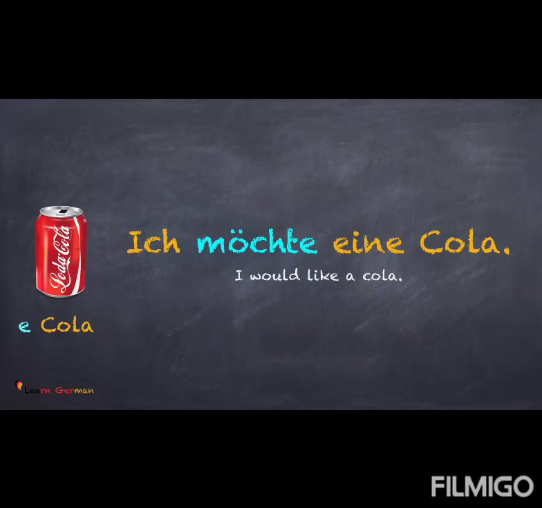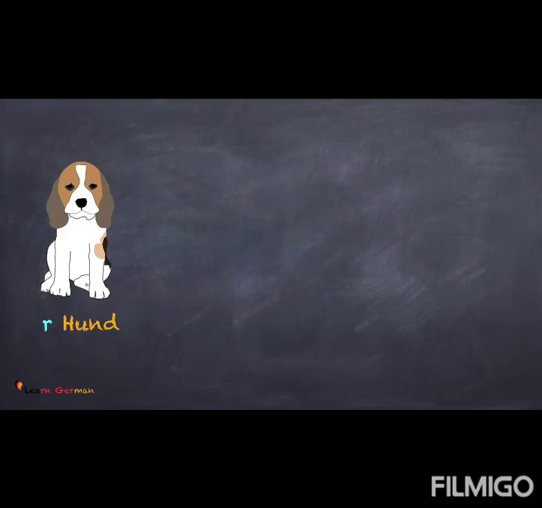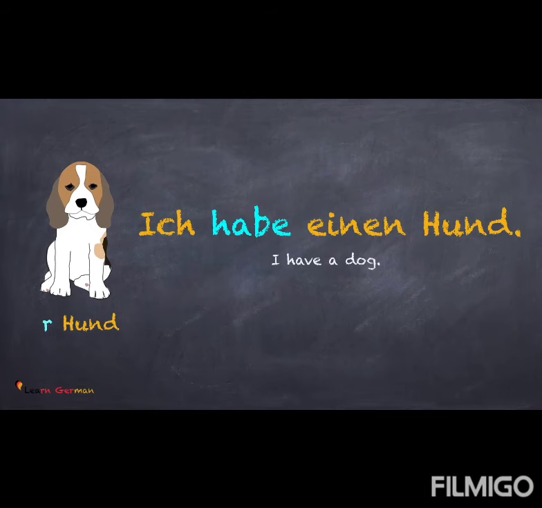So here you can see that the verb möchten takes an accusative object. Let's look at the next sentence. Ich habe einen Hund. In this case, einen Hund is the accusative object. So you can see that the verb haben takes an accusative object.